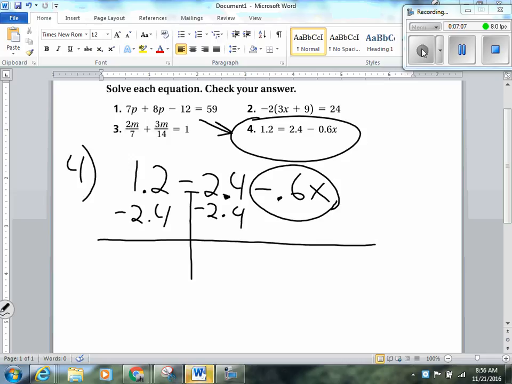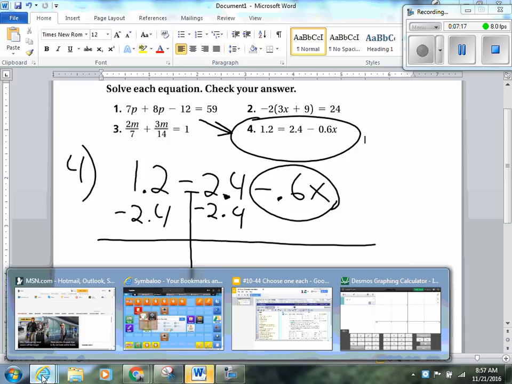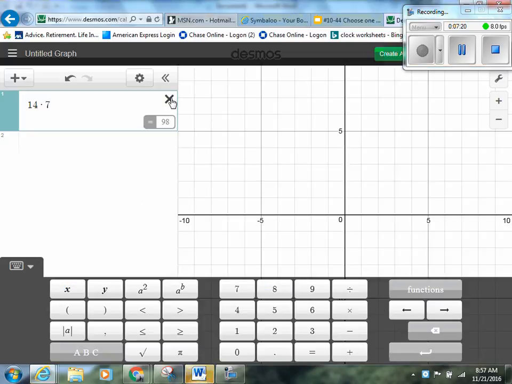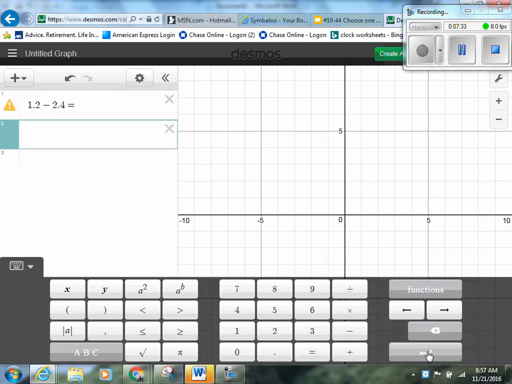And when I do that, if you're not sure how to take 1.2 minus 2.4, go ahead into your calculator. 1.2 minus 2.4. Okay, I didn't have the equal sign.